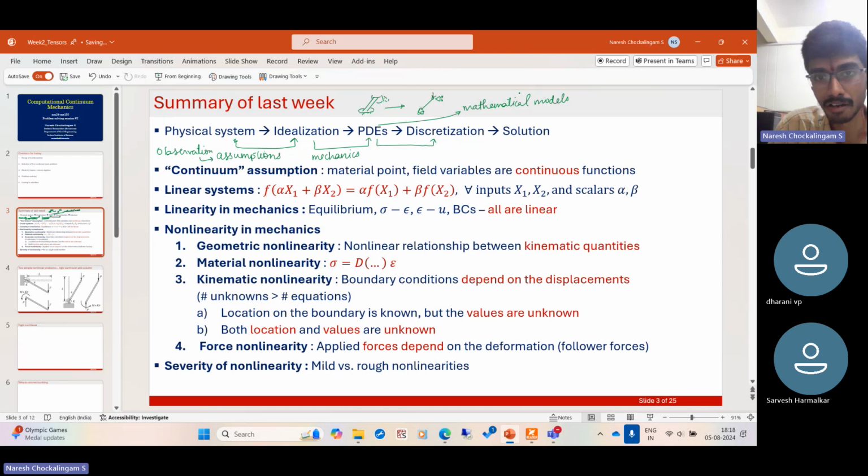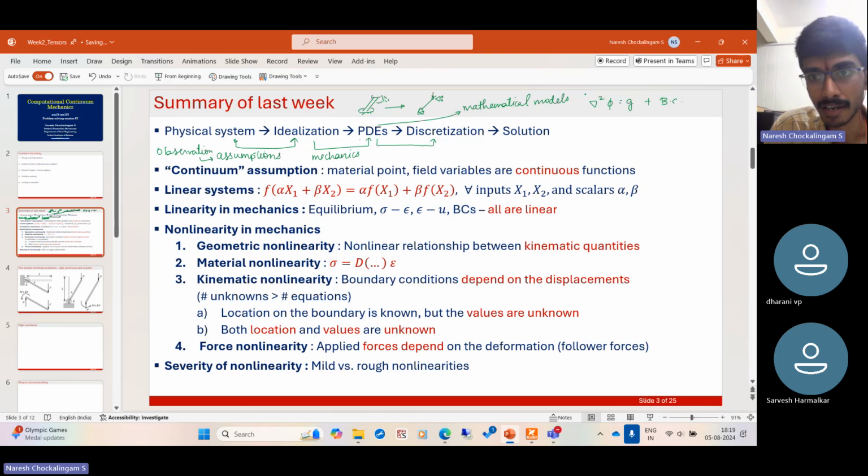For example, you will already be familiar with the heat conduction governing equation, which is the Laplacian of the temperature field equal to some heat source, plus some boundary conditions. So this is a mathematical model.